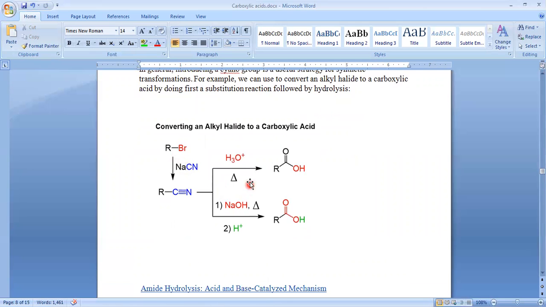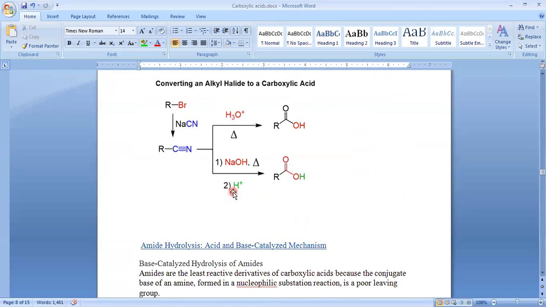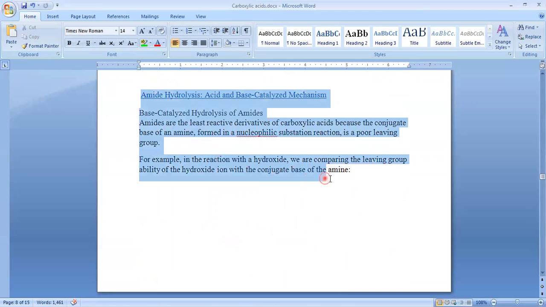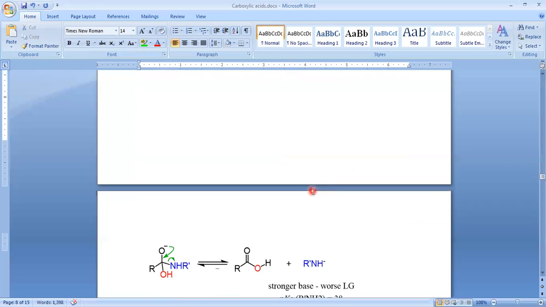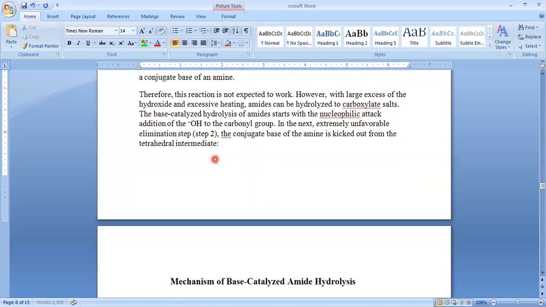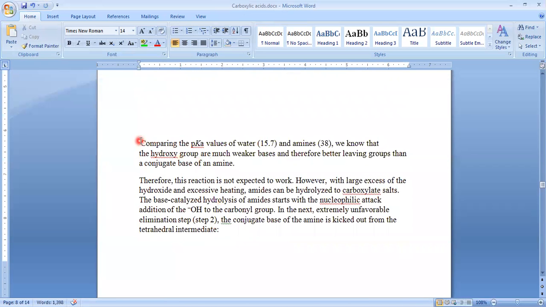Okay, so conversion of halides is repeated. Next, amide hydrolysis, this is also a repeated step.